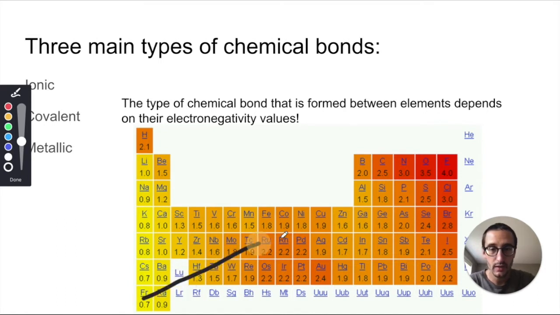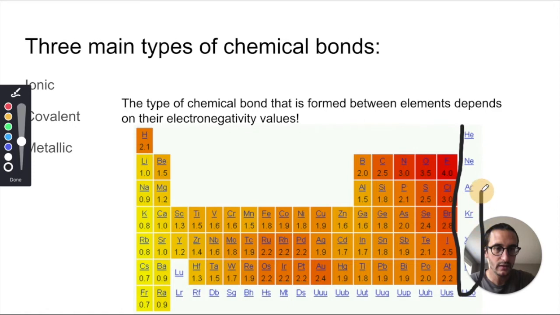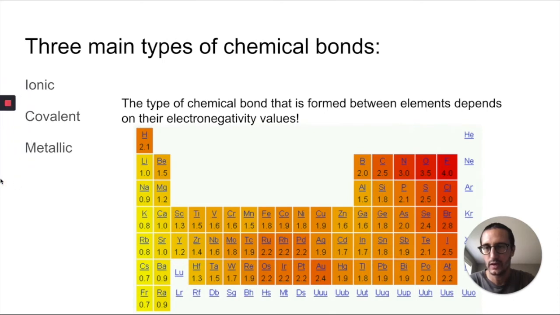So the electronegativity values get greatest when we have the element fluorine. That's the most electronegative. Also, you'll notice that the noble gases do not have electronegativity values because noble gases do not form chemical bonds.